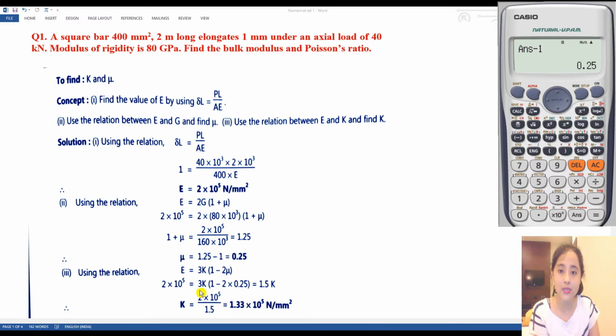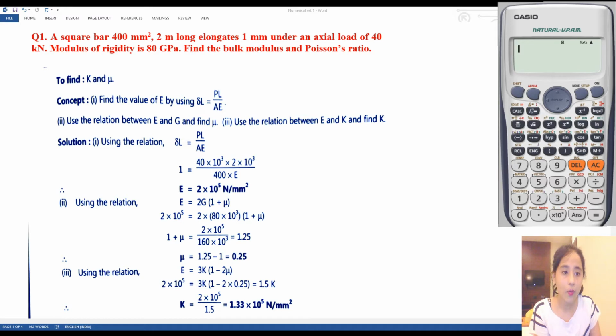So we keep it as it is. 1 minus 2 into mu, the value of mu we found equal to 0.25. So into 0.25. Let us solve the one from inside first. Let us solve 2 mu first. So 2 into mu will give you 0.5.